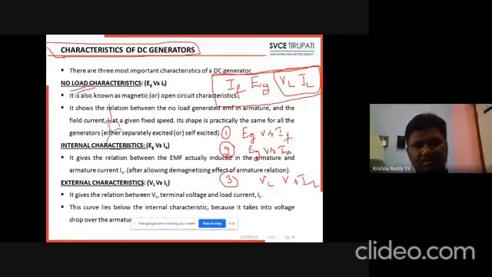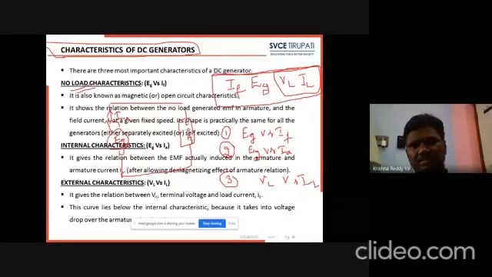This is the generator armature where we are producing the induced voltage. Here in the armature winding the armature current flows. This induced voltage will be applied to the external load. The voltage across this load is VL. The current flowing in this is IL.